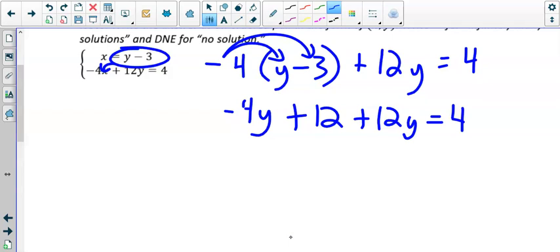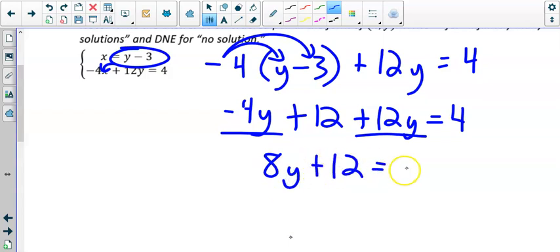But again, I want to put my variables together. Because what happens if my variables might disappear? Then we'd be done. So let's put our variables together. What's negative 4y and a positive 12y give us? 8y. 8y plus 12 equal to 4. Yeah, combine those like terms.